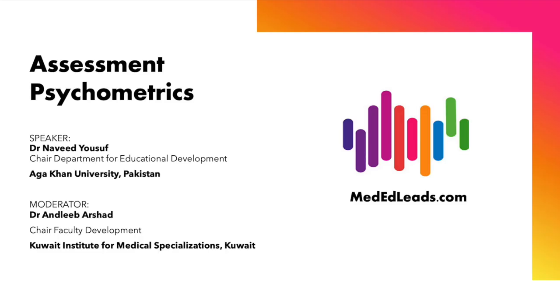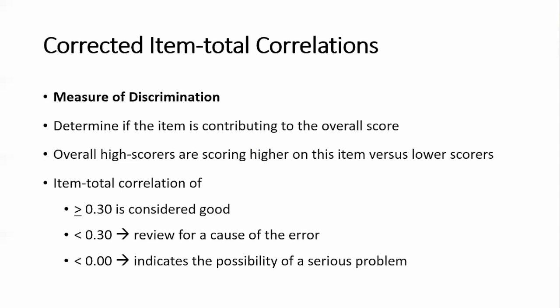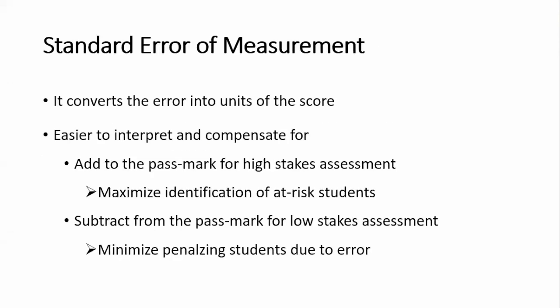The question from Dr. Moin asking, how do you use standard error of measurement perhaps when setting a cutoff for exam results? Yes. For standard error of measurements, sometimes very high stake, large scale assessments use it. For example, we use it for MRCGP written assessments and MRCGP OSCE exam as well.